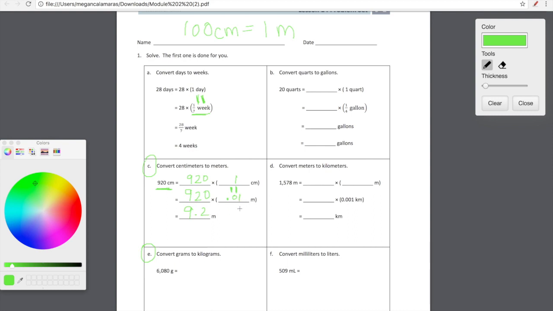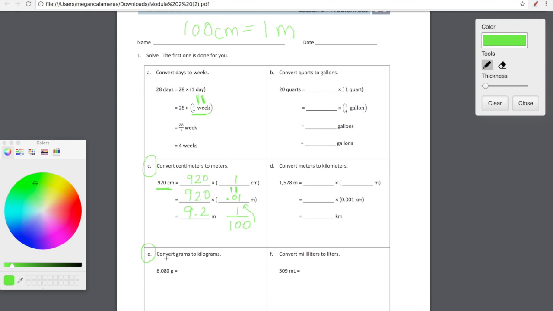Another way we can look at this 1/100th, we can look at it in decimal form, or we can look at it in fraction form. 1/100th can be written as a decimal or as a fraction. So the answer for C should be 9.2 meters is equal to 920 centimeters.